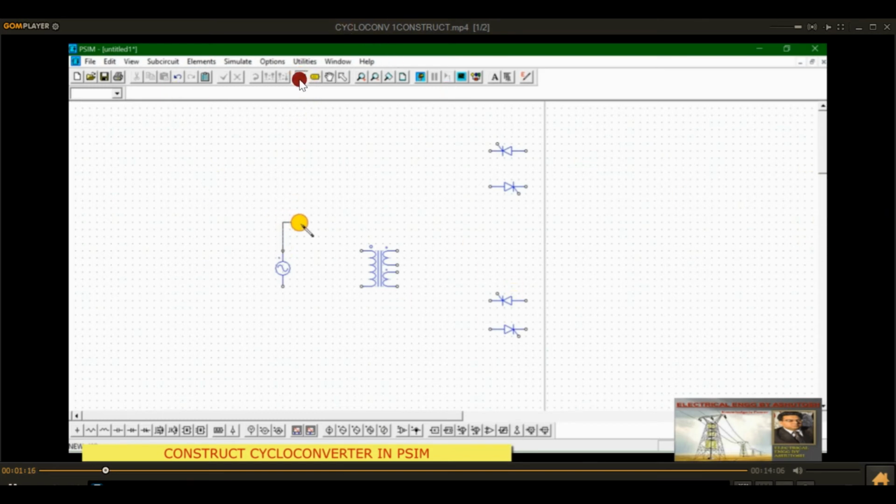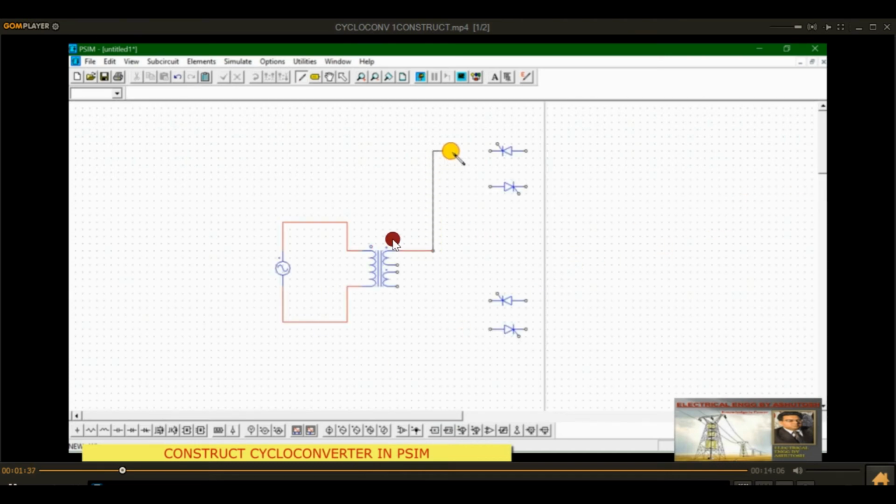And then through this wire you can join all the connections and complete the circuit likewise. So this is the wire pen. Through this you can join, construct, and draw the circuit.